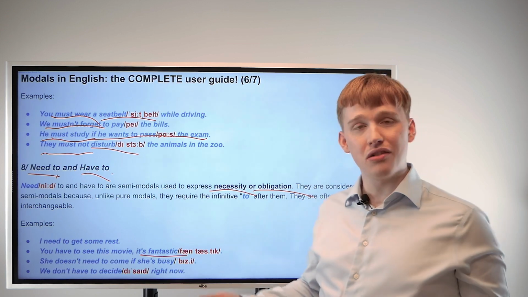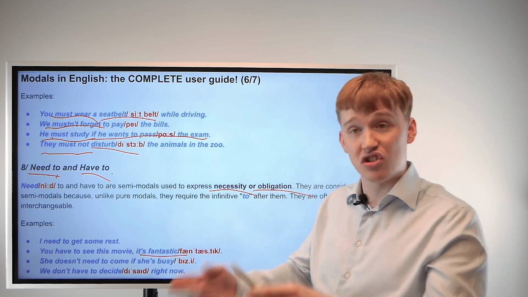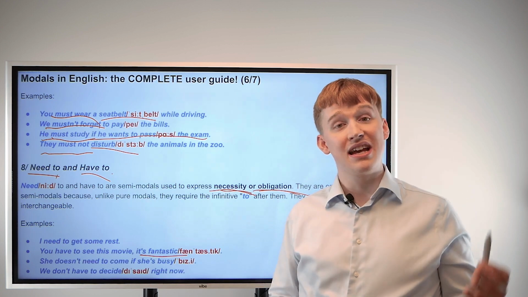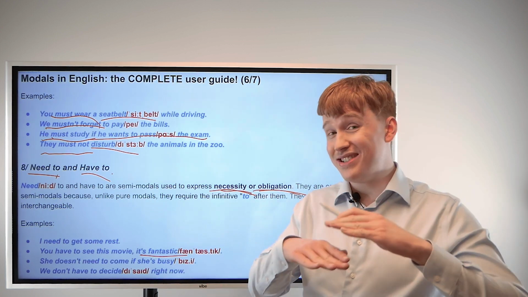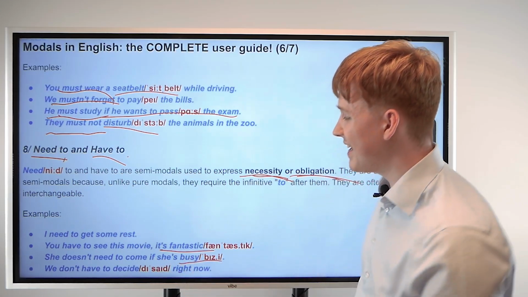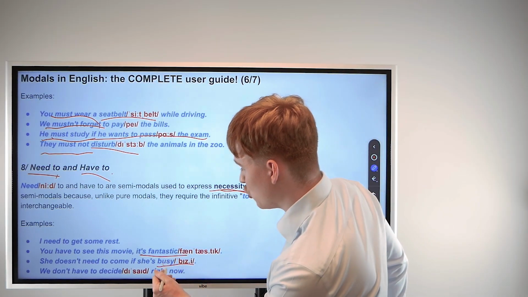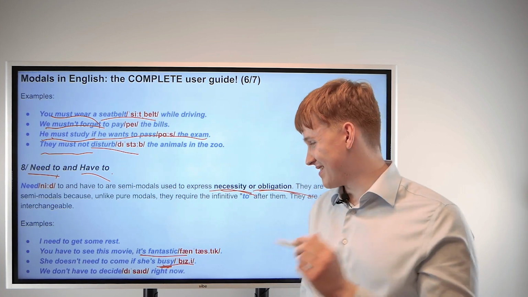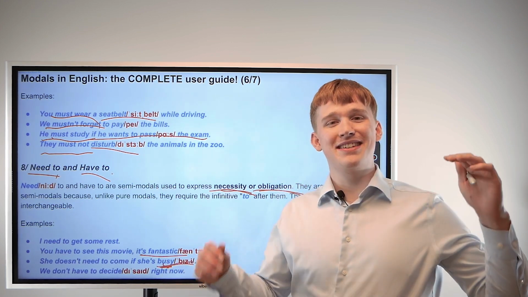Perfect. She doesn't need to come if she's busy. So it's not something that she needs to do. It's not a necessity or an obligation. It's something that she has the choice of. So she doesn't need to. There you go. So can you say busy? Busy. Remember, we have the u here, but we don't want to say buzzy. That's what we say a bee is doing. We say busy.